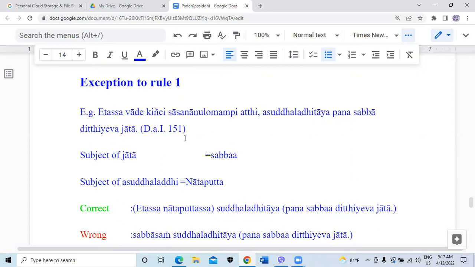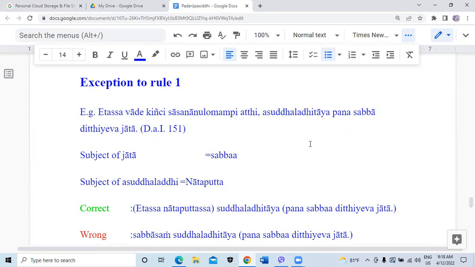So according to that first rule, the genitive of Asura Lalita should be Sabhasan, or maybe Sabhasan Daitina. In this case, not. If we say Sabhasan Daitina, Sabha Daiti is round view. Okay, Asura Lati is Naga Buddha.